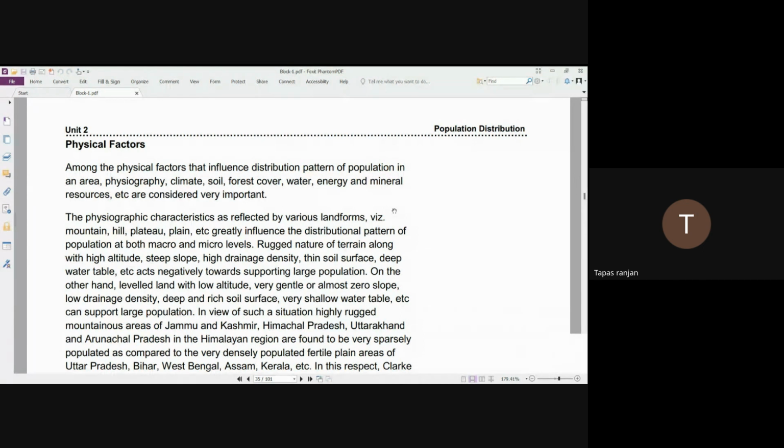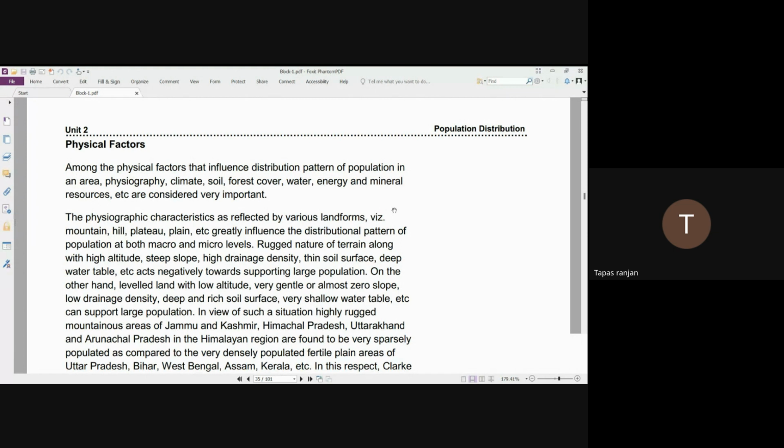So if the agricultural productivity is high, then a lot of people will inhabit that place. Then forest cover. Definitely the regions which have dense forest cover, a lot of people are not living there. Just like in hilly and mountainous regions, those regions are not inhabited by a high population density.